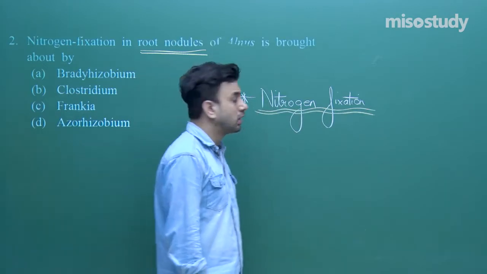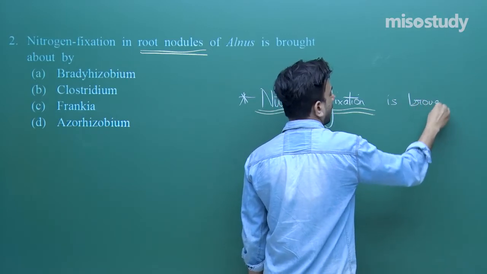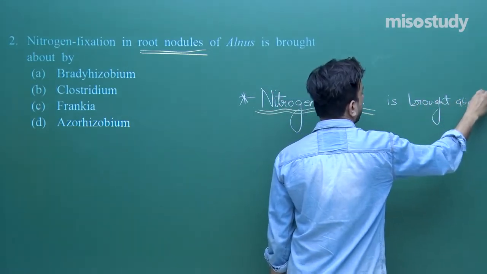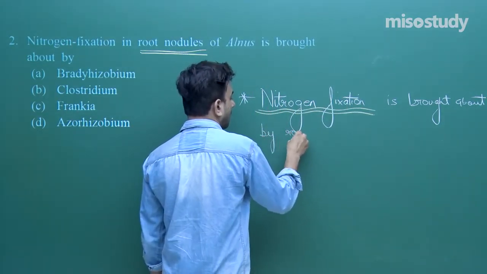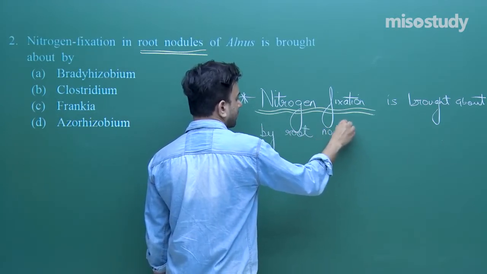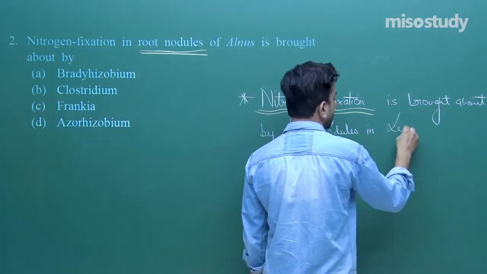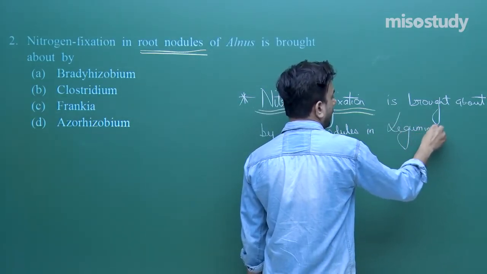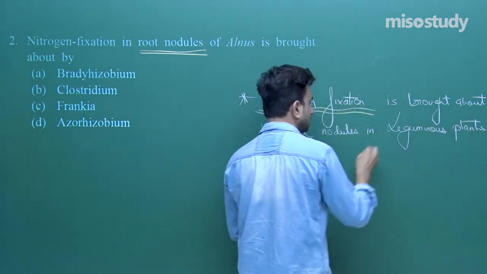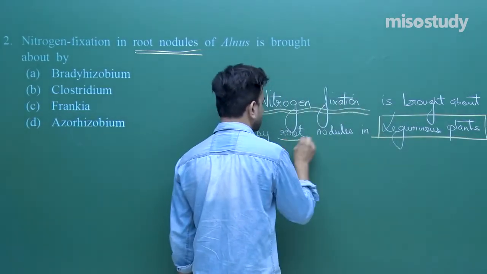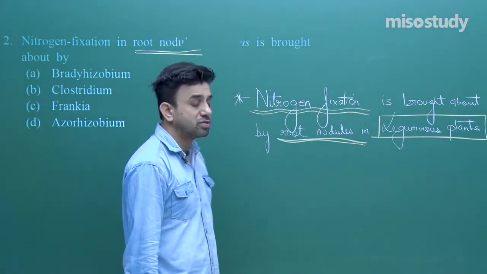Nitrogen fixation is brought about by root nodules in leguminous plants.